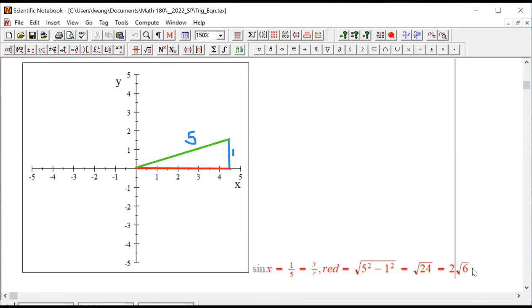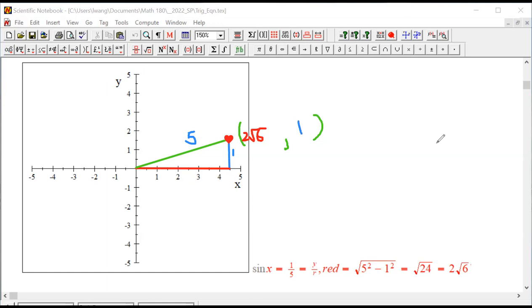I'm doing this so that we can express this point. So let me put this point in place. This point has a red number and blue number. The red number is 2 times root 6. The blue number is 1.